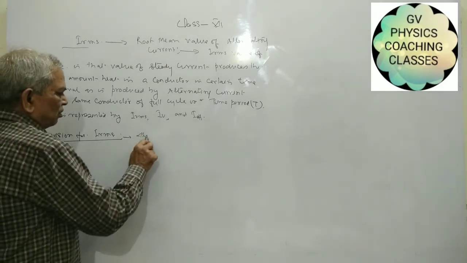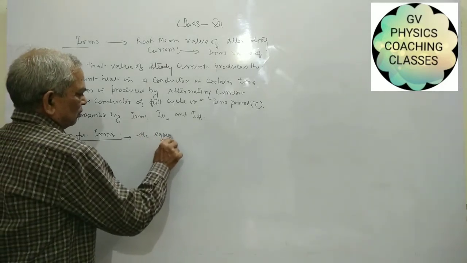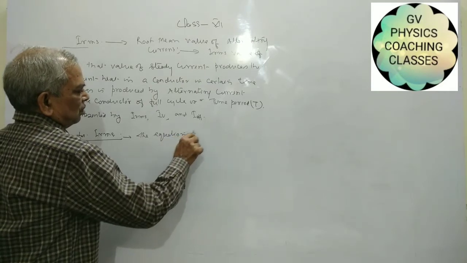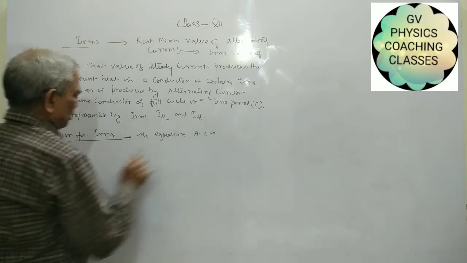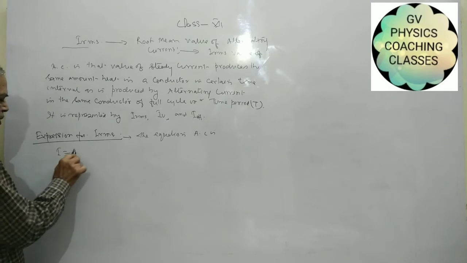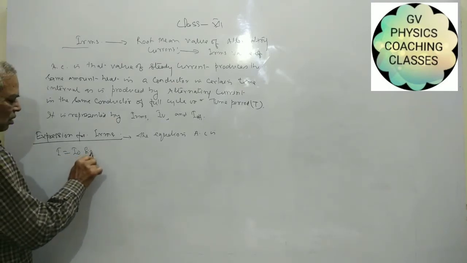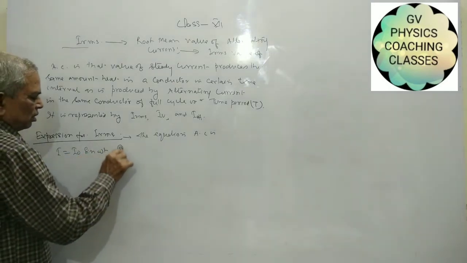The equation of AC is I is equal to I naught sin omega t.